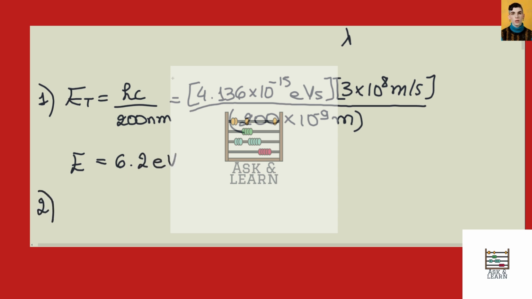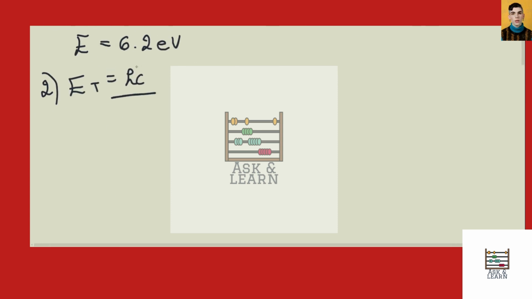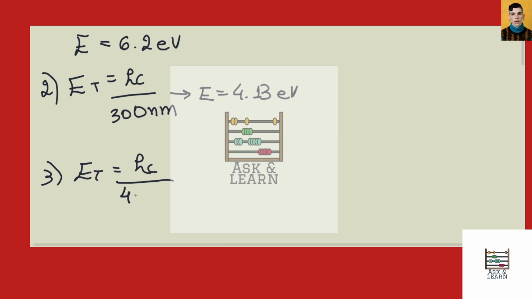Now, for the second absorption, we're going to do the same thing. So hc divided by 300 nanometers, and this is going to be equal to an energy of 4.13 electron volts. And the third transition corresponds to this energy, which is equal to 2.48 electronvolts.